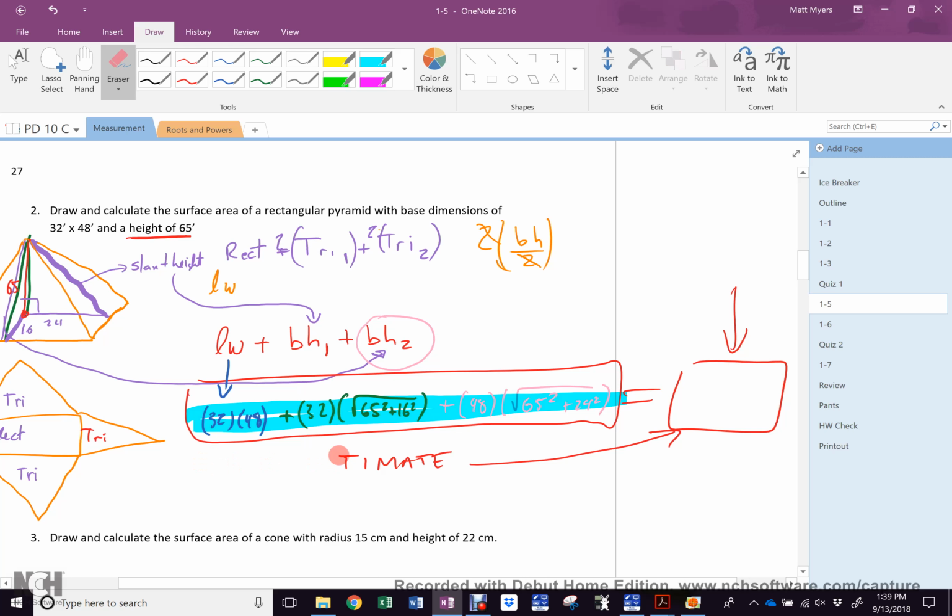So did anybody actually get all those numbers like that? And did they get the right answer? Who wants to volunteer? Go for it. Sure. 7,004 feet squared.